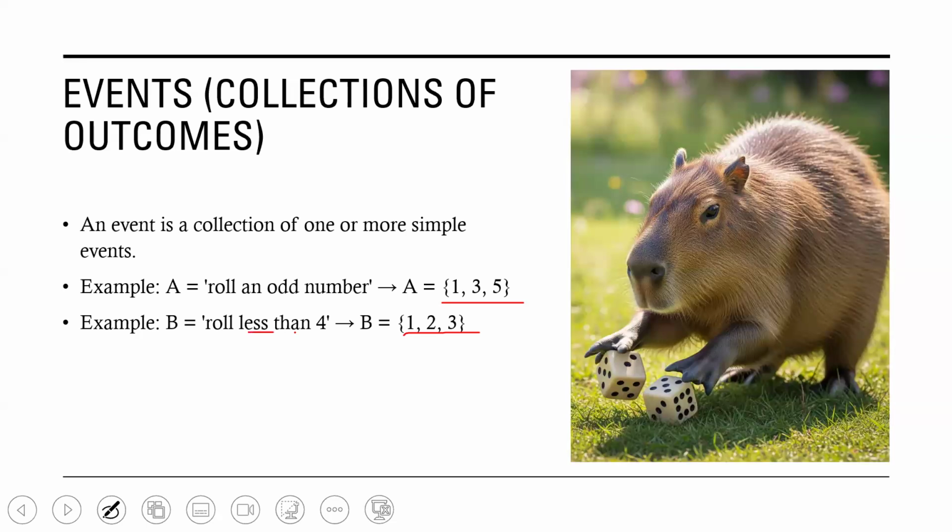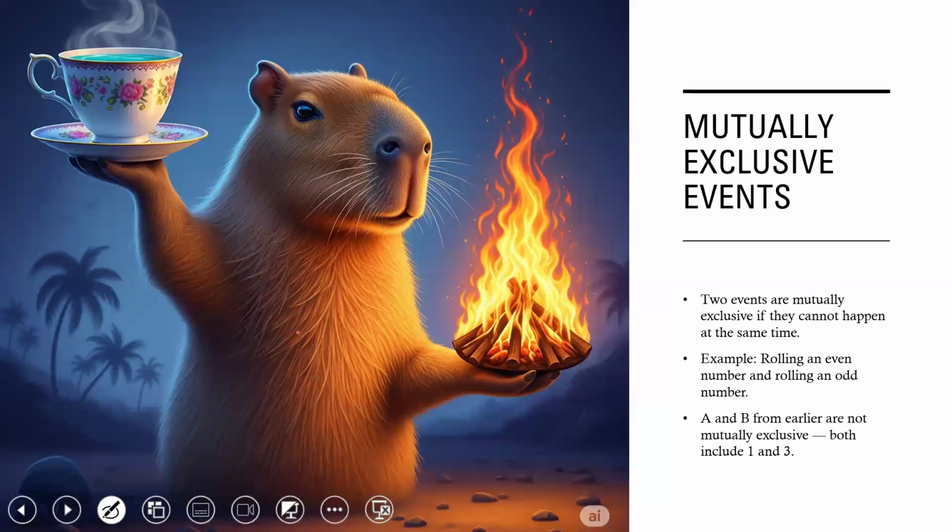A statement like less than is exclusively less than, right? So it does not include the 4. This is really helpful in business and health contexts. For instance, a health study might define an event as patients with high cholesterol, which could include multiple ranges of lab results. In all cases, an event groups outcomes into a meaningful category.